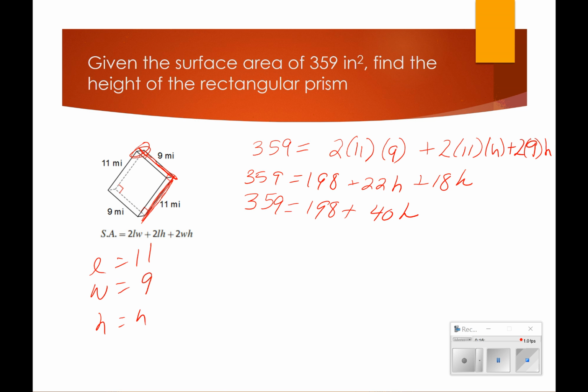And I'm going to subtract: 359 minus 198 is 161 equals 40H. Divide by 40. I'm going to get H equal to 4.025, and it would just be miles.